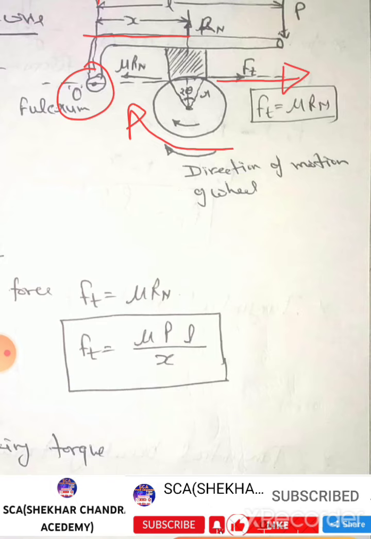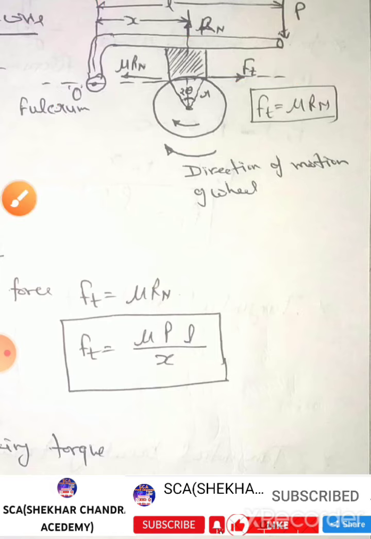And friction force is applied opposite to the tangential force Ft. Ft is equal to mu Rn. That means the value of Ft is equal in magnitude to the value of mu Rn, but opposite in direction.